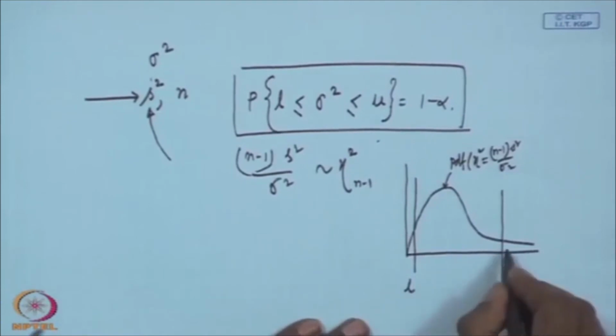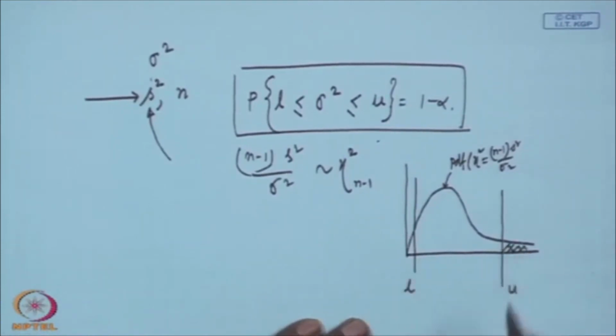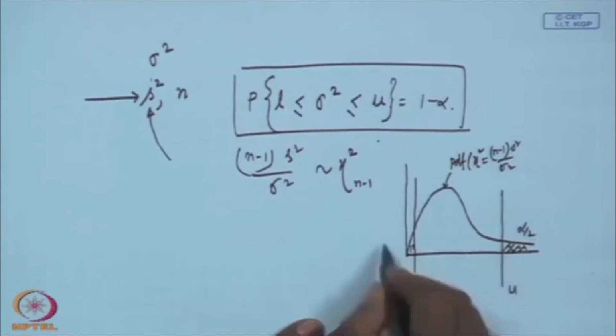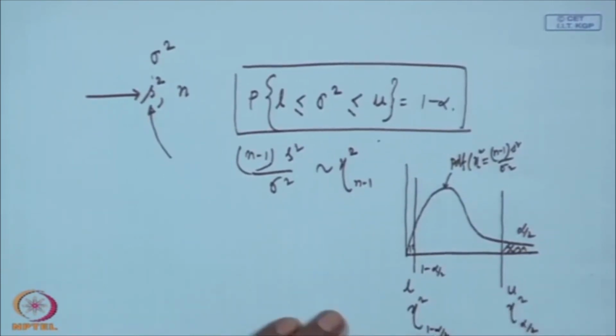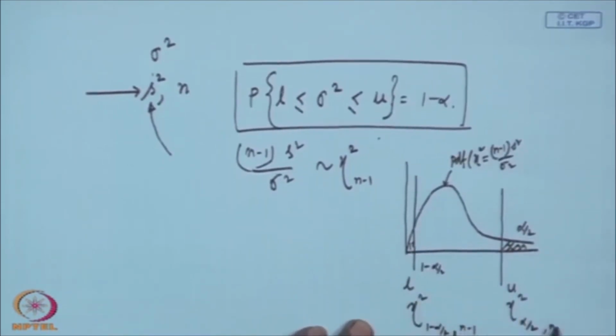If I consider alpha by 2 on this side, the total is 1 minus alpha. You will be getting chi-square 1 minus alpha by 2, but please keep in mind chi-square also has a degree of freedom, that is alpha by 2, and the degree of freedom is n minus 1.